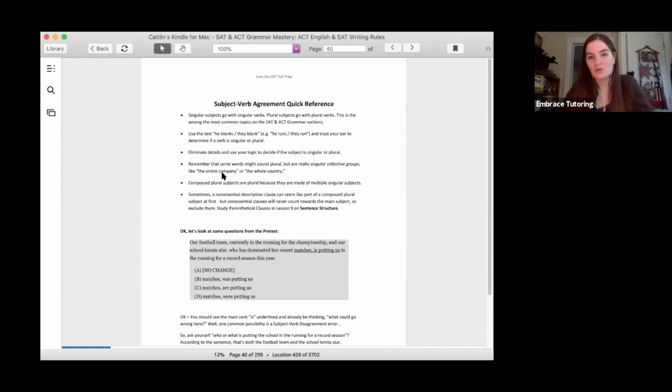Or he runs, they run, or she thinks, they think. There's a clear difference. If there's an S on it, typically it indicates that the verb is a singular form, whereas a plural form generally will have no S. Those are ways you can test a verb and trust your ear to determine if a verb is singular or plural.